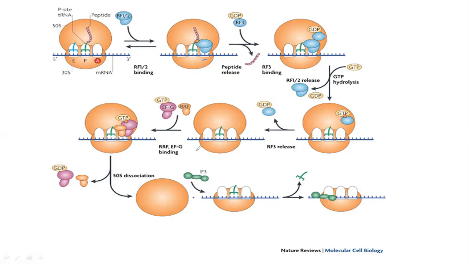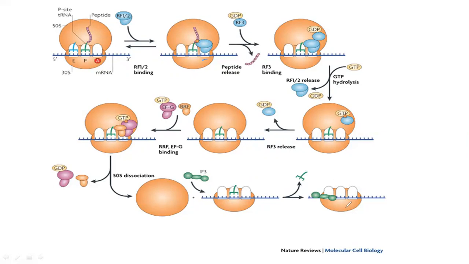Now when EF-G enters, once again the release factor, RRF, is going to bind with GTP and EF-G at the A position, and the GDP, RRF and EF-G complex will release. The 50S subunit will be dissociated, and initiation factor 3 is going to attach with this ribosome, and now tRNA is going to leave the position.